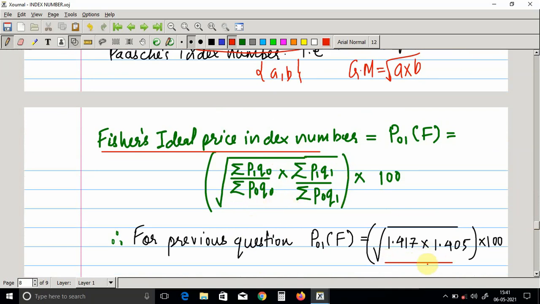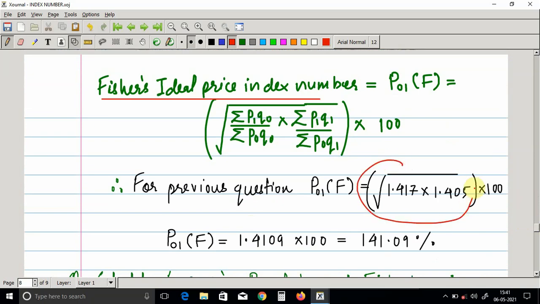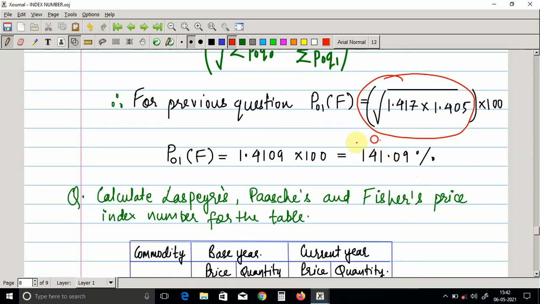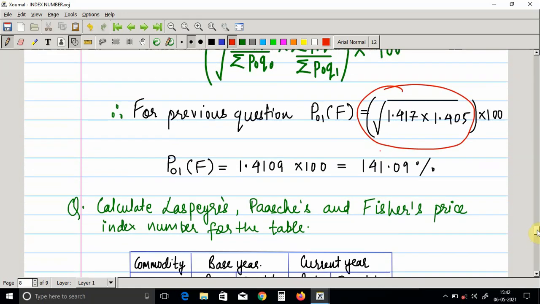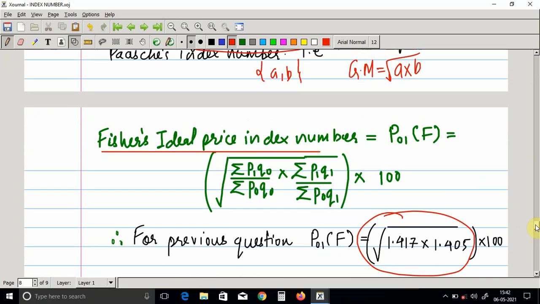This is a coefficient, and it is difficult for me to understand this decimal number, so I multiplied by 100 to convert it to percentages. So 141.09 is the Fisher ideal price index number. I hope this is clear to everyone.